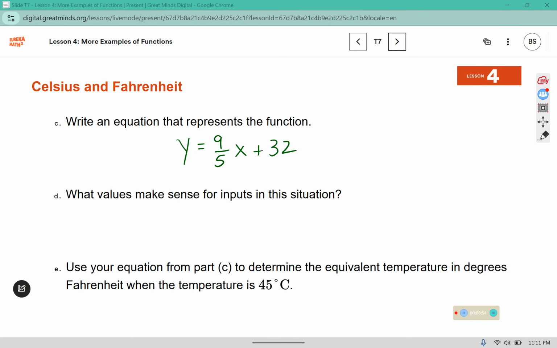What values make sense for inputs in this situation? We can have negative temperatures and we could have decimals for temperatures. However, there might be some that aren't likely for cities. Because this was talking about temperatures in cities, you might restrict some of those.